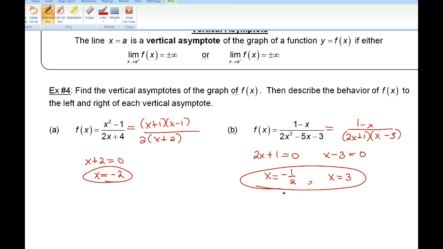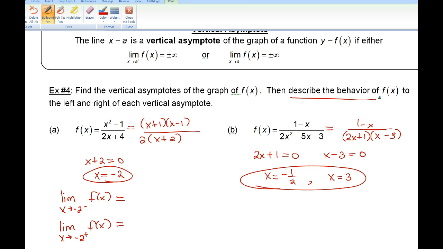Then describe the behavior to the left and to the right. Let me just do that for one, I only answered the first part. Let me do that quickly here, because we have to look at the graph. To describe the behavior, it just tells us, does it go to positive infinity or negative infinity?